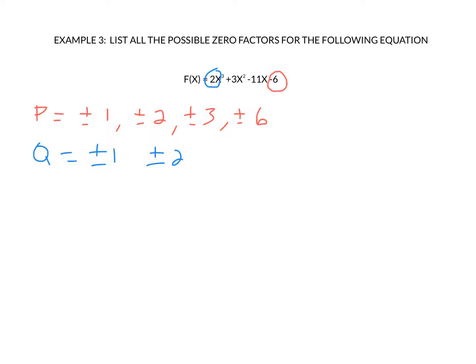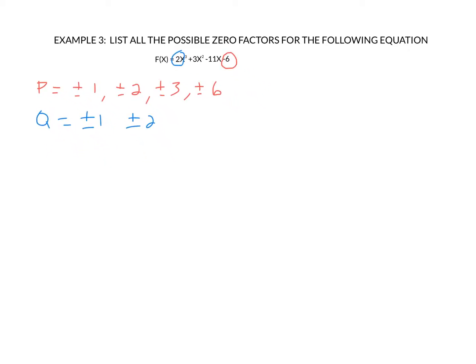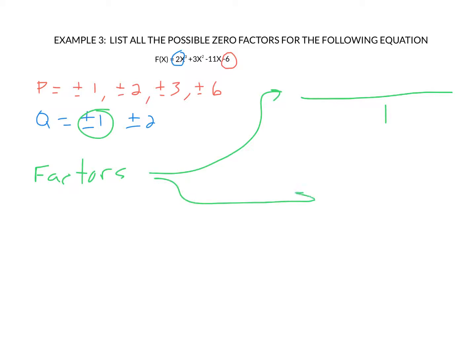All right, so there's our values. I'm just going to shrink this down a little bit, move it. Now let's start our lists here, our possible factors. We're going to have 2 this time. When it's over 1, that's this guy, and when it's over 2, that's the guy right there.